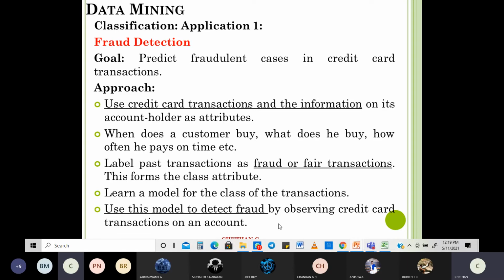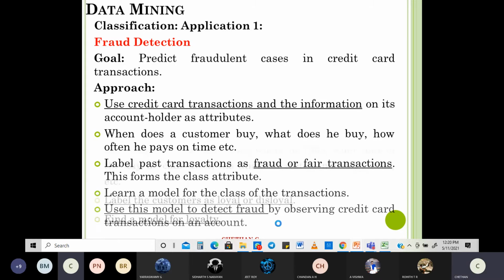So you have a dependent variable here and also an independent variable here. We keep the data, and based on that data, we are going to predict one more data. That is an example of fraud detection, an example under classification. Very important for you to get to know it.